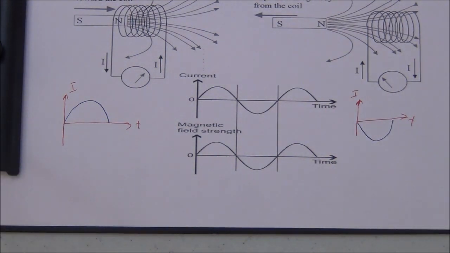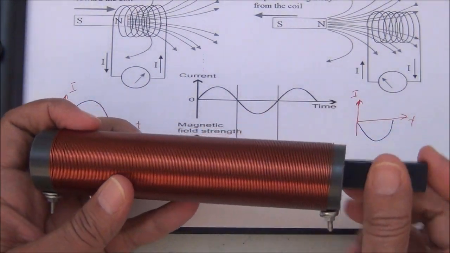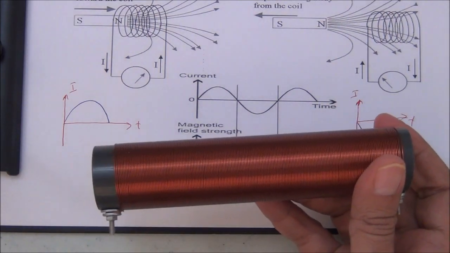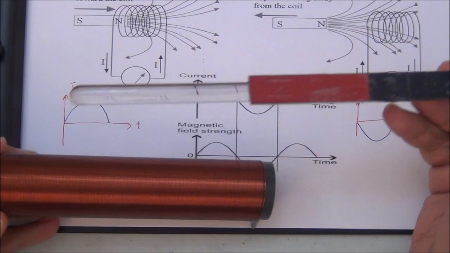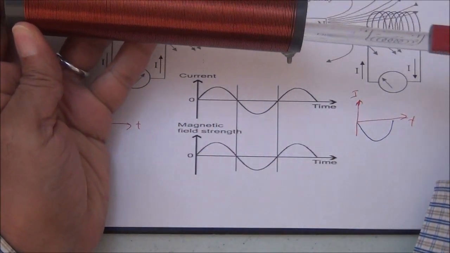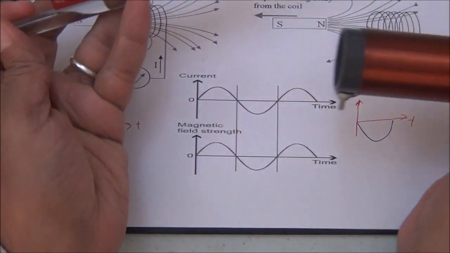Now what will happen if we move the bar magnet completely through the solenoid?